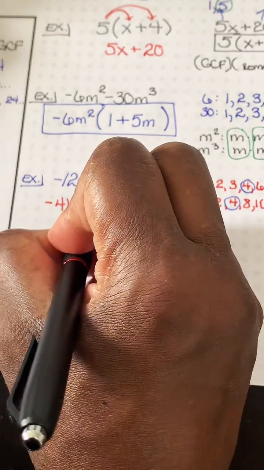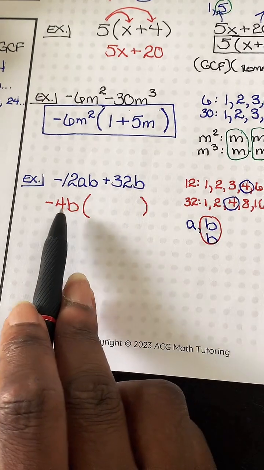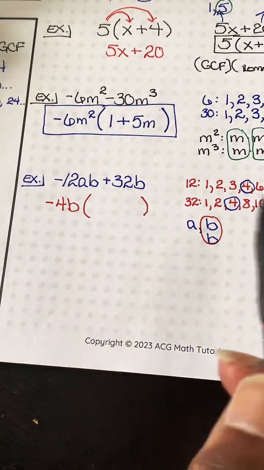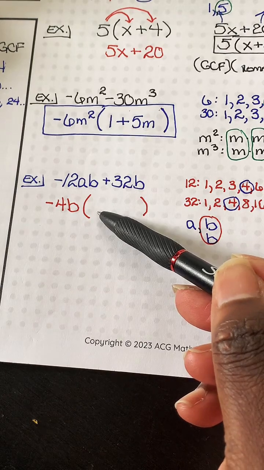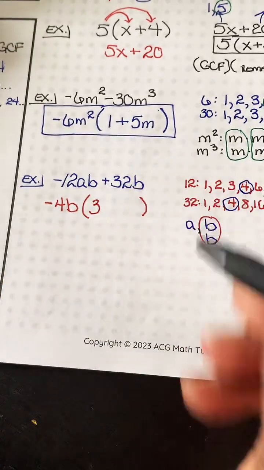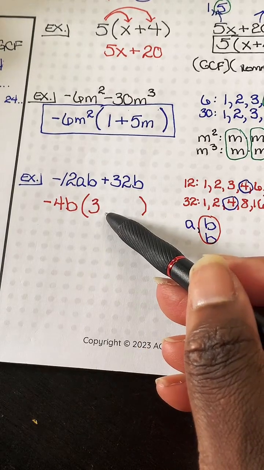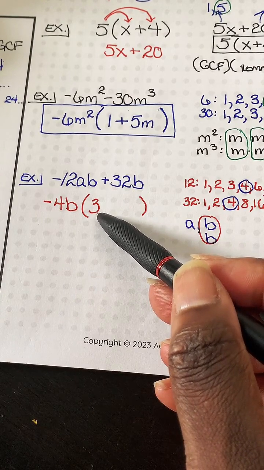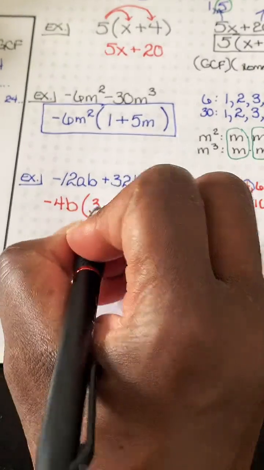Now, we need to take the original and divide each term by our GCF. A negative divided by a negative is going to give us a positive. 12 divided by 4 gives me 3. B divided by B gives me a 1, so they cancel out, and 3 times 1 is just 3. But what's missing?